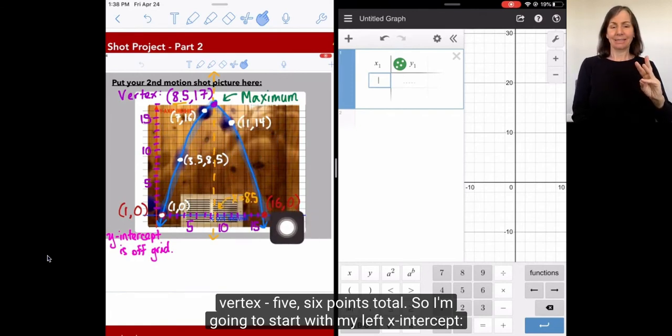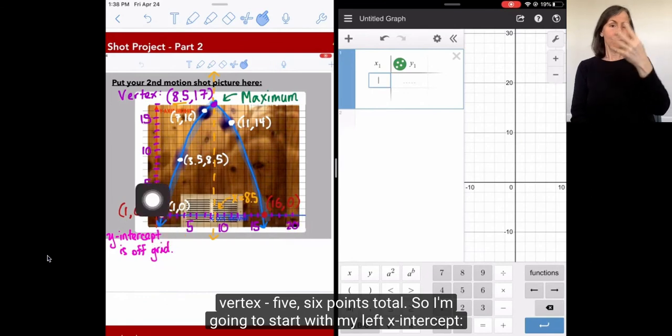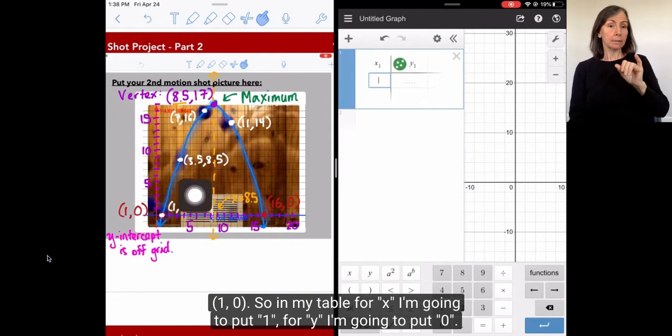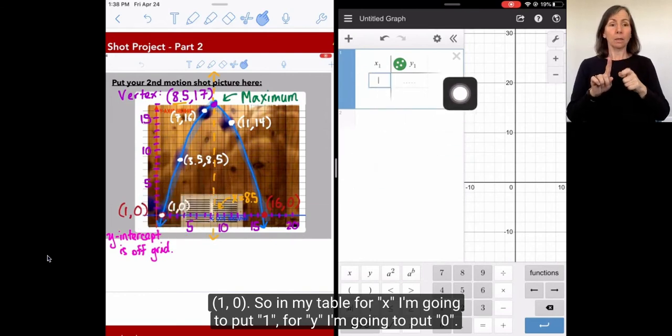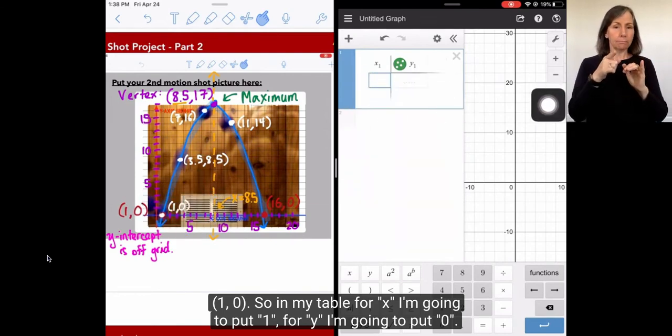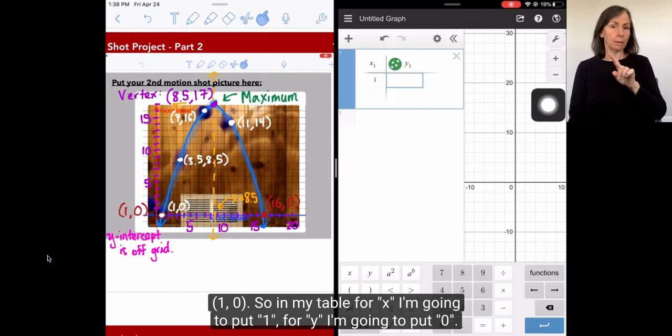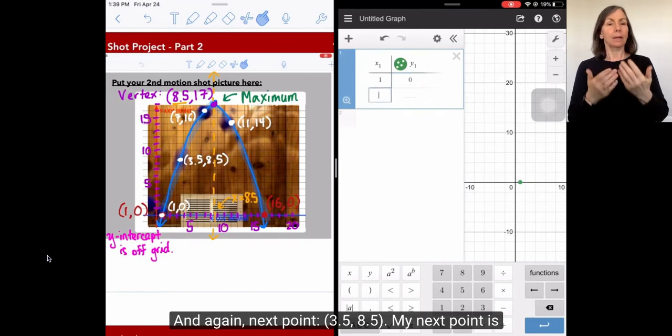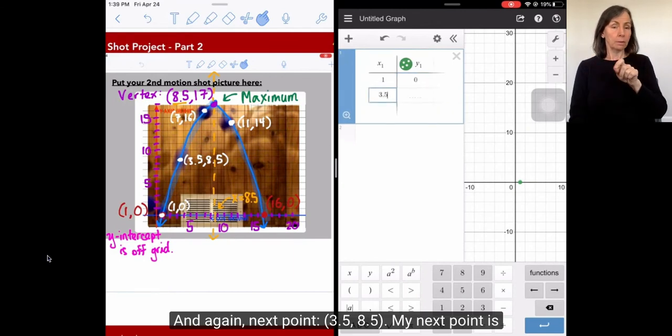6 points total. So I'm going to start with my left x-intercept, 1, 0. So in my table for x, I'm going to put 1. For y, I'm going to put 0. And again, next point, 3.5, comma, 8.5.